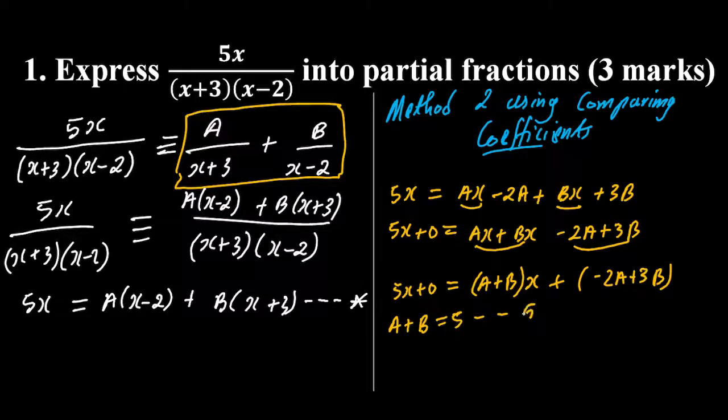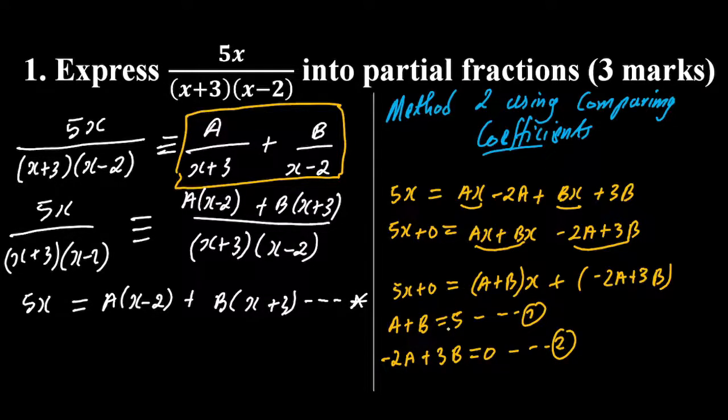This is our equation 1. Now we'll do something similar for the constant. Since our constant on the left hand side is 0, the constant on the right hand side should also be 0. It means that minus 2A plus 3B should be equal to 0. This is our equation 2.